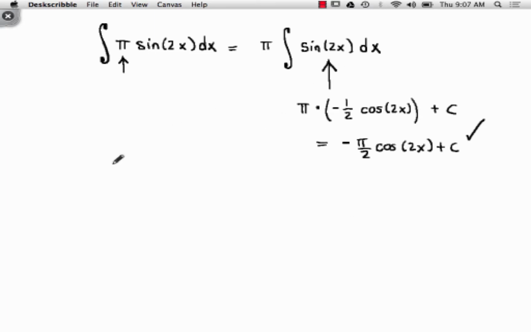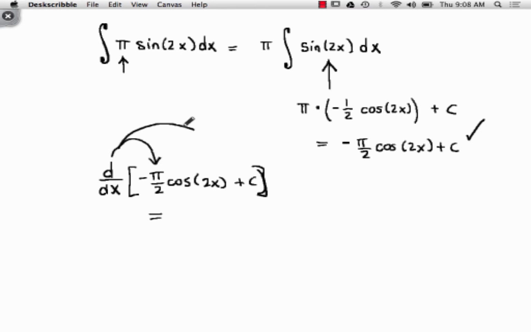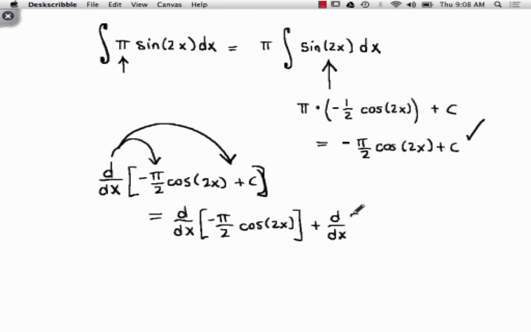Now we just differentiate it to show that we have indeed got the correct antiderivative. Just like the integral rule, I can distribute that d dx just like I can the integral. So this becomes the derivative of negative pi over 2 cosine of 2x plus the derivative with respect to x of a constant. And we already know that's got to be 0. Just like the integral, this negative pi over 2 can come out.